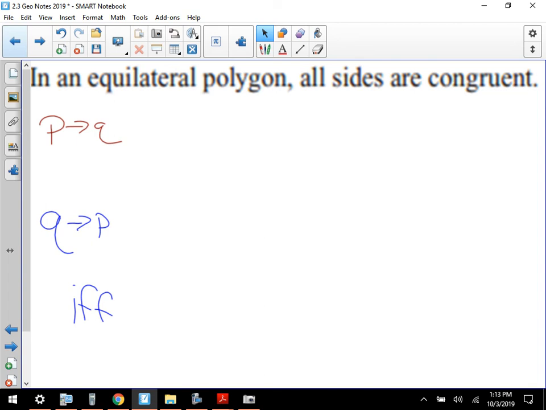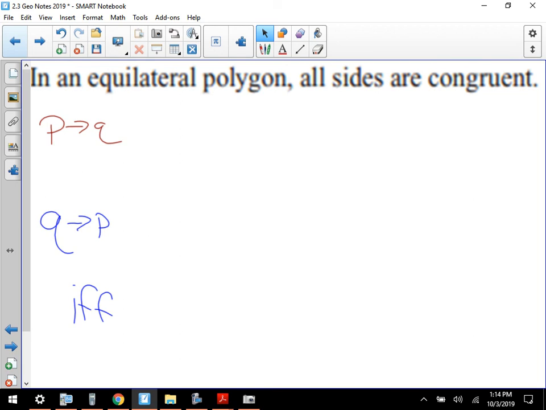And it's okay if one person thinks of it one way versus the way that you do, because you can still be correct as you go through all of it. So now, as an if and only if, I would say a polygon is equilateral if all the sides are congruent. See how that works? Not terrible, is it?